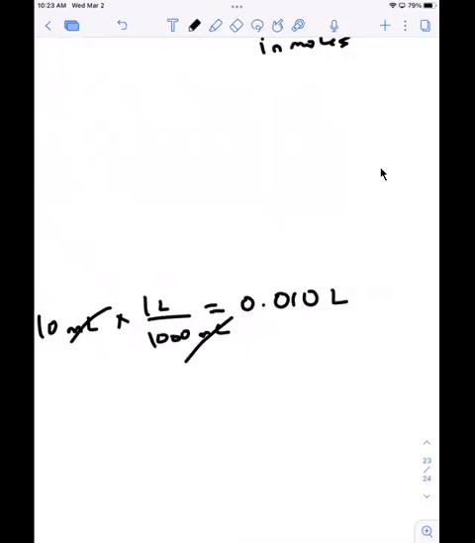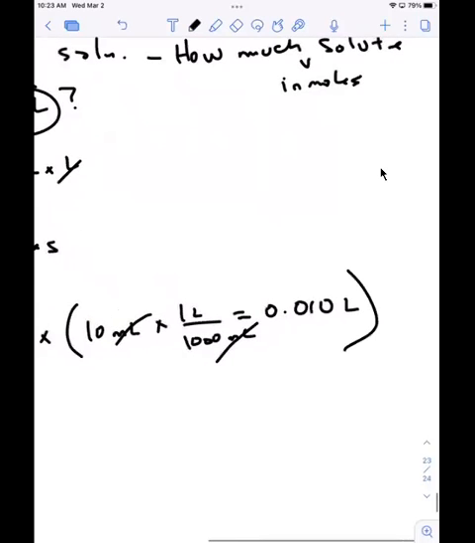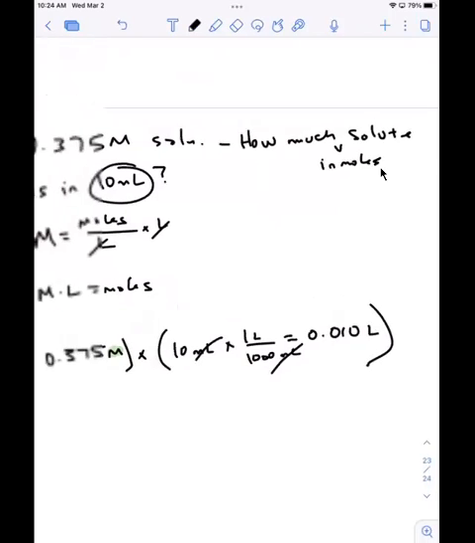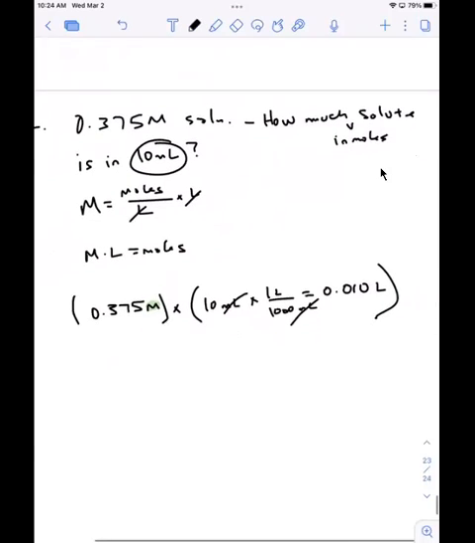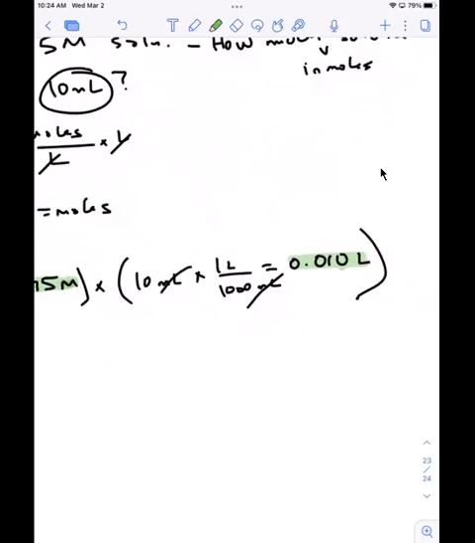Is that right? All right. So then we just multiply those two together. So 0.010 liters times 0.375 moles per liter. How many moles do we get?